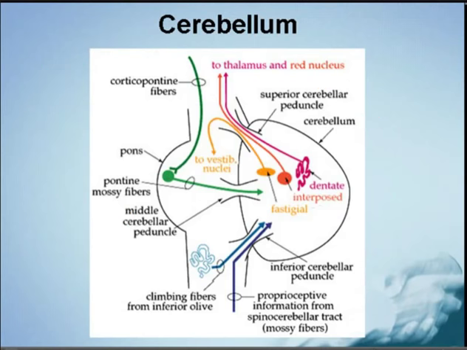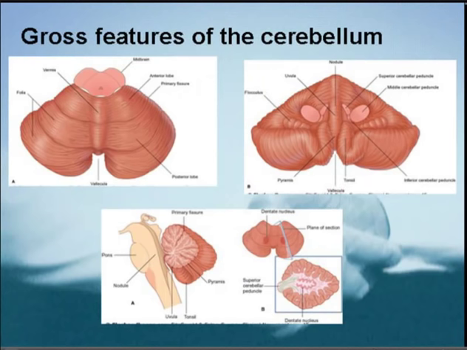So let's move on to the next slide and look at the gross features of the cerebellum. And whenever you're looking at a slide, always compare your notes with the description and try to understand what's given. So the first thing is that the cerebellum is situated in the posterior cranial fossa below the tentorium cerebelli. And if you look at this image here, this is the ventral aspect and this is the dorsal aspect.